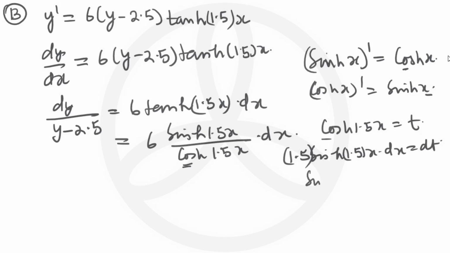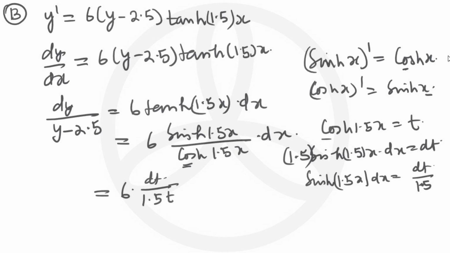If we segregate, sinh 1.5x dx is equal to dt/1.5. Therefore, we can replace that with the 6, and this will become 6 dt/1.5 and cosh is equal to t. Therefore, this becomes 4 dt/t.